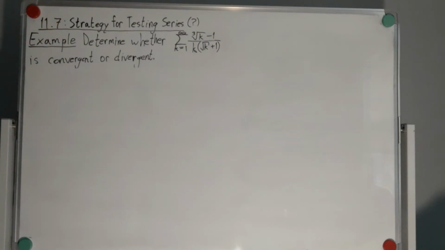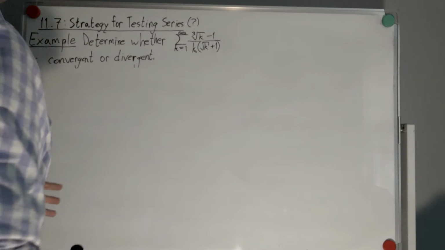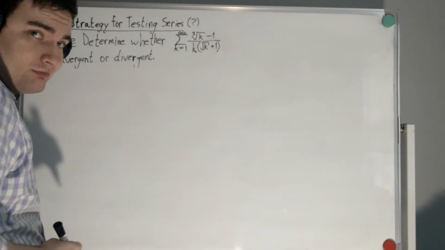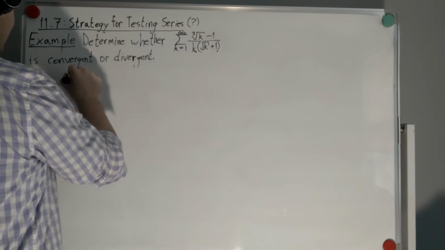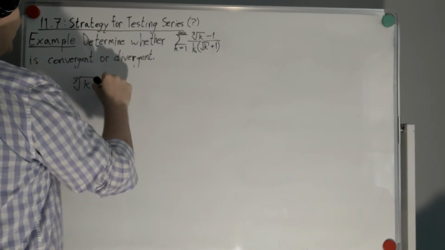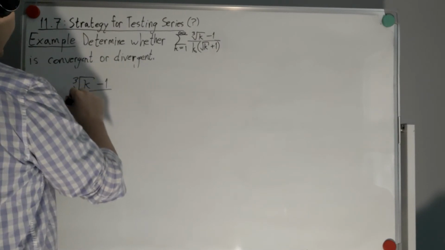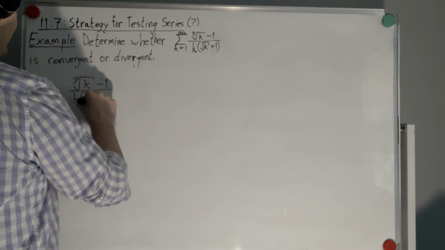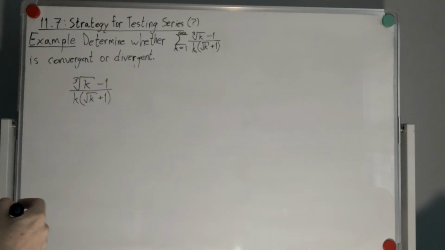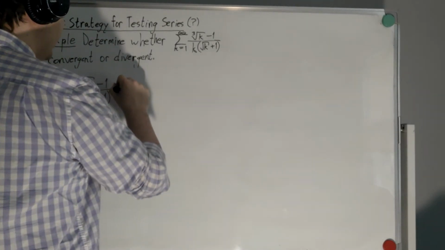Okay, now, again, if those ones weren't there, this would be easier to deal with. So I wonder what happens if we just get rid of them. We have the cube root of k minus 1 divided by k times the square root of k plus 1. If you delete that 1 from the numerator, then you make the fraction smaller.